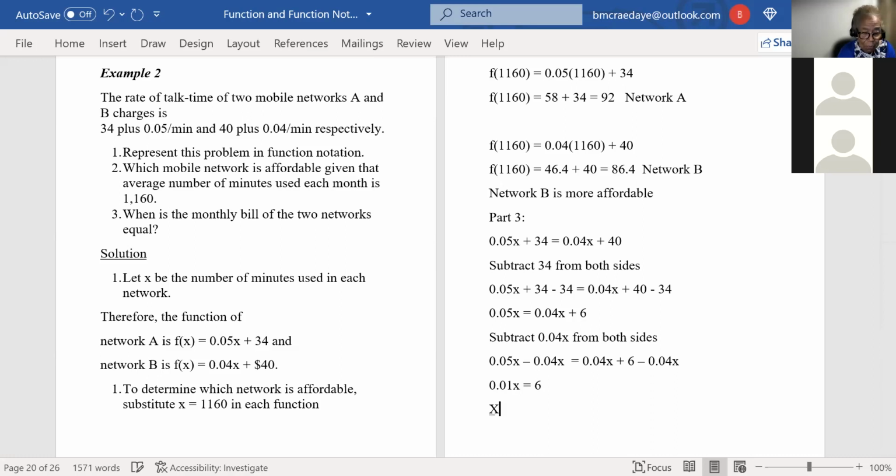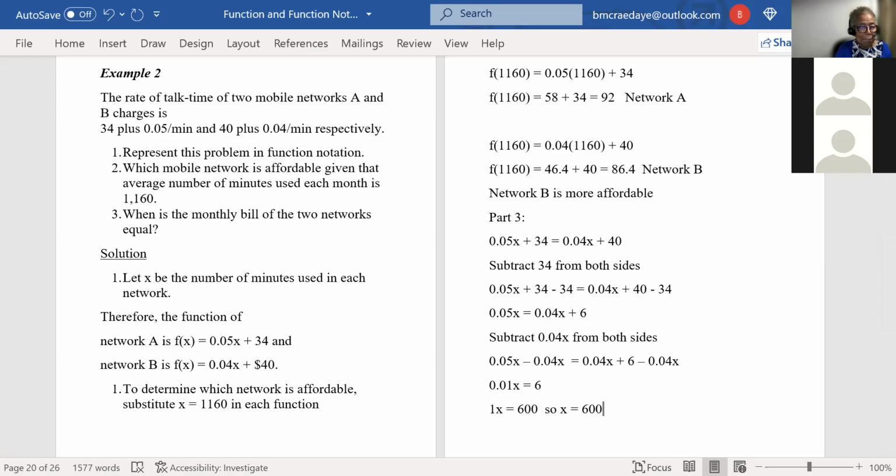Move the decimal point 2 places on both sides and I can get rid of the decimal. That becomes 1, and 6 becomes 600. So x equals 600.